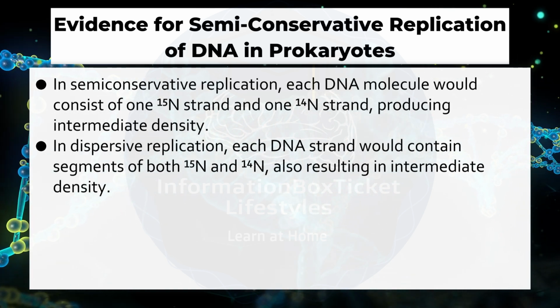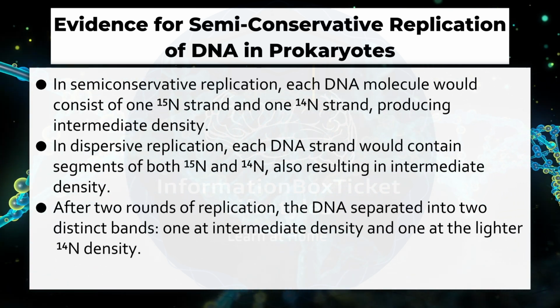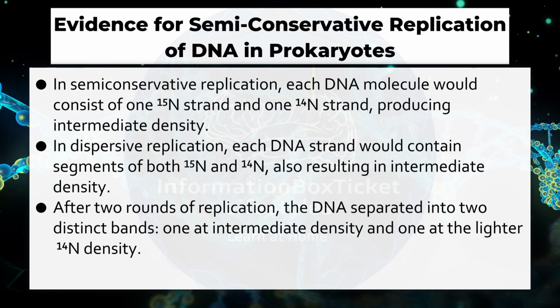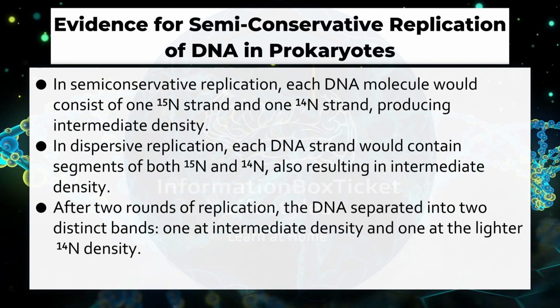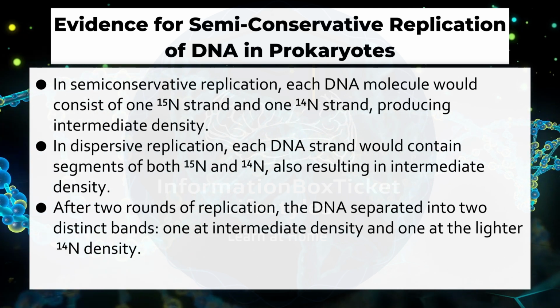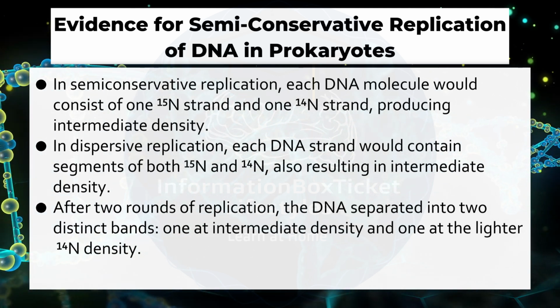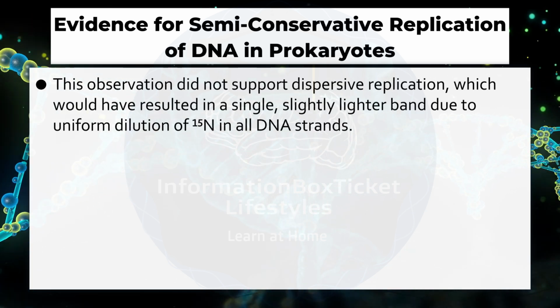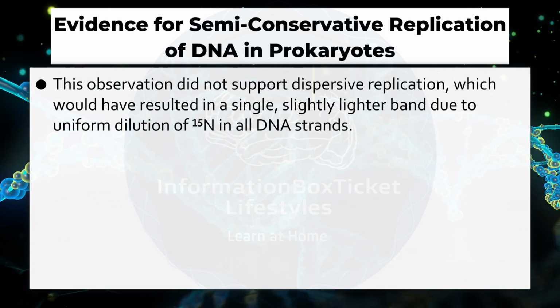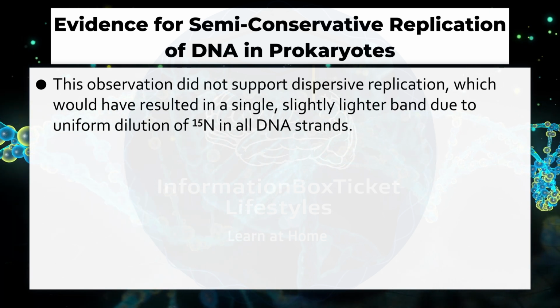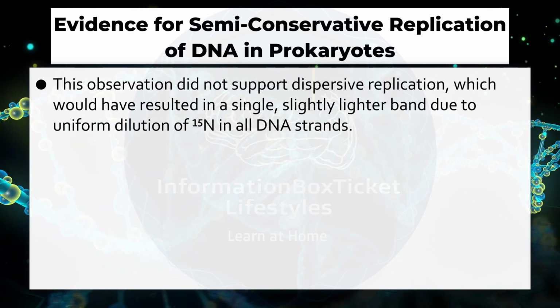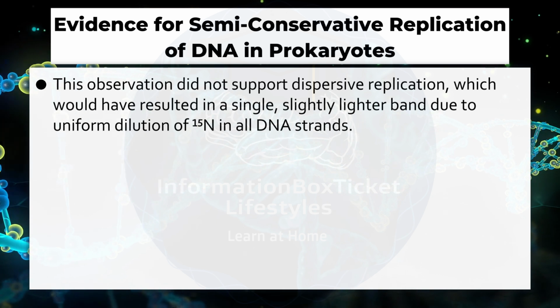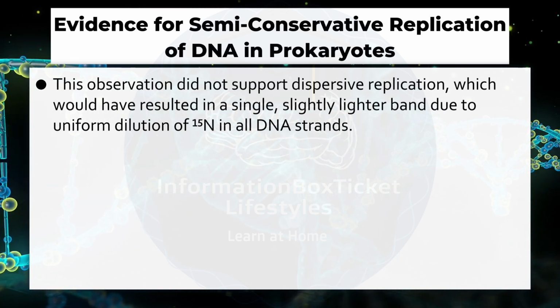After 2 rounds of replication, the DNA separated into 2 distinct bands, one at intermediate density and one at the lighter 14N density. This observation did not support dispersive replication, which would have resulted in a single, slightly lighter band due to uniform dilution of 15N in all DNA strands.